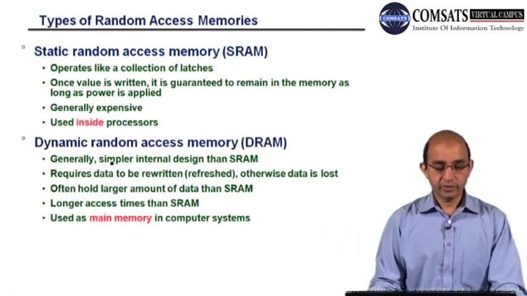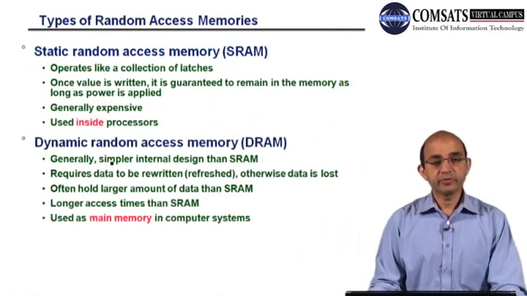Then let's talk about different types of memory. We have static RAM, abbreviated as SRAM, and then we have DRAM, that is dynamic random access memory.